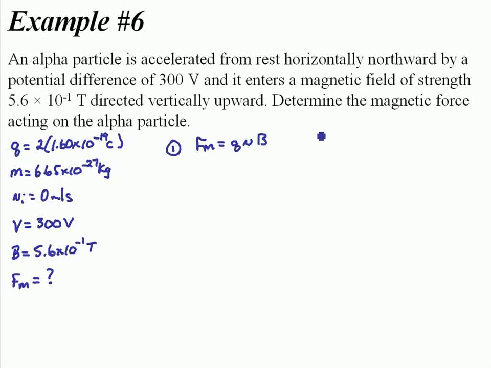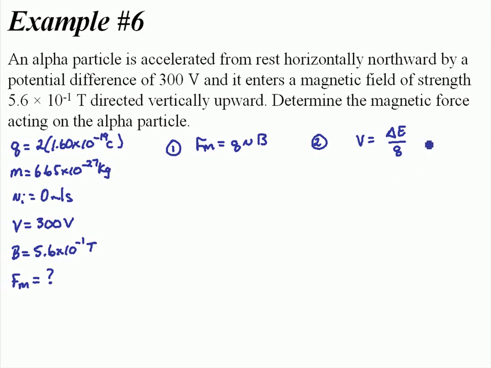But I can get the velocity from conservation of energy when I'm dealing with an alpha particle being accelerated through plates. I also know that voltage equals change in energy over Q. So I can find the energy using QV, which I have.